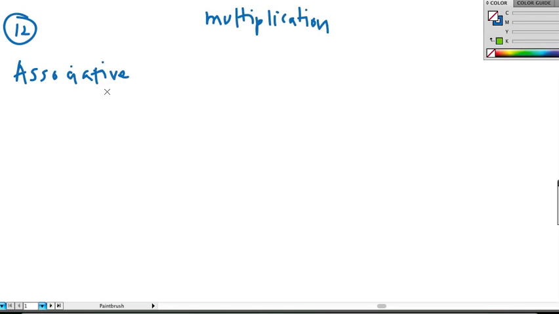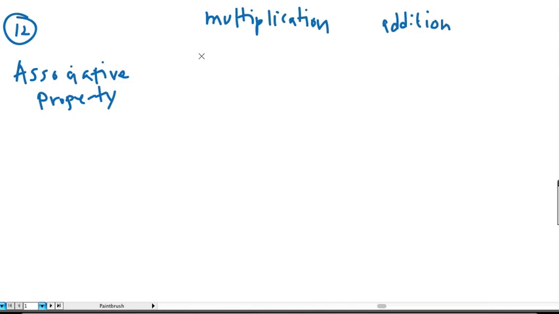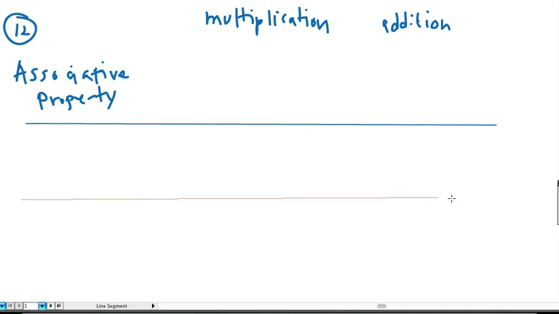And also there's an associative property of addition. So there are a couple of properties for associative. So if I grab this and turn this into a table, it's one line, and we have the other line. We could split it up this way as well.